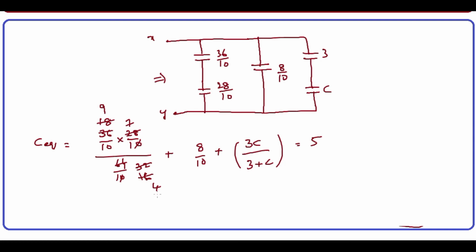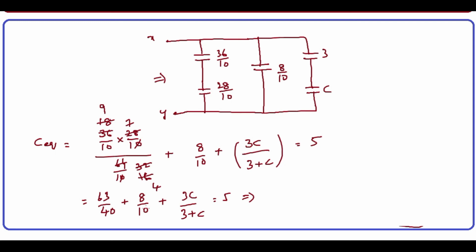That's all. So this is 63 divided by 40. 63 divided by 40 plus 8 by 10 plus 3C by 3 plus C is equal to 5.